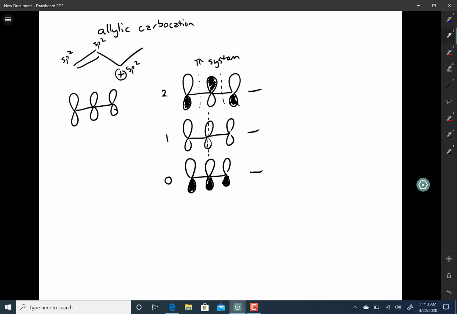Okay. Now it's easy to see what you do when a node is between atoms. You just put the node in and then you switch the shading across that. But when a node actually falls on an atom, essentially what that means is that atom doesn't have any electron density possible at that point.